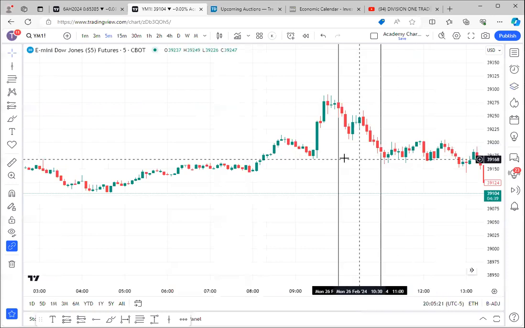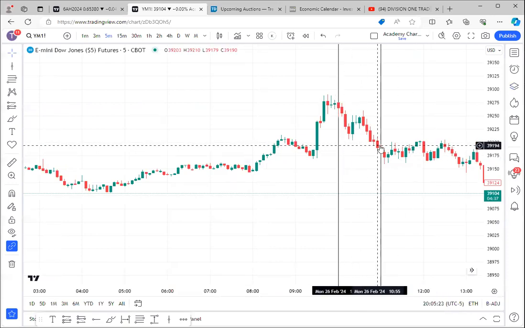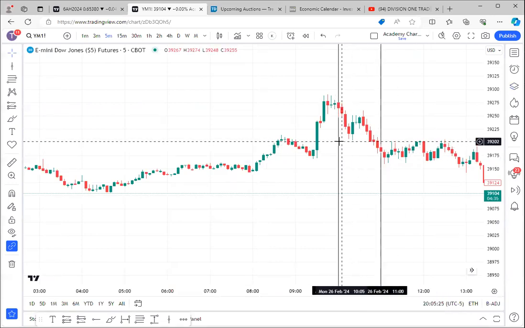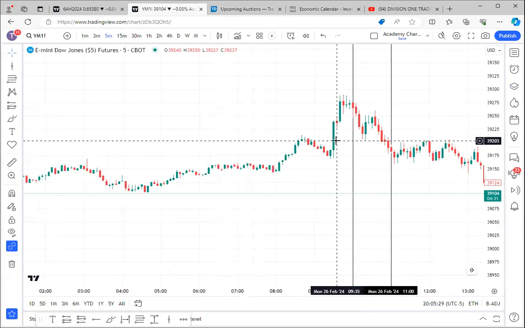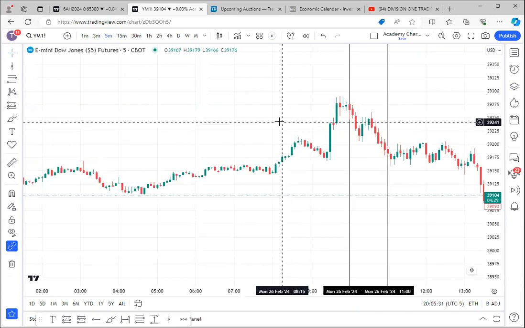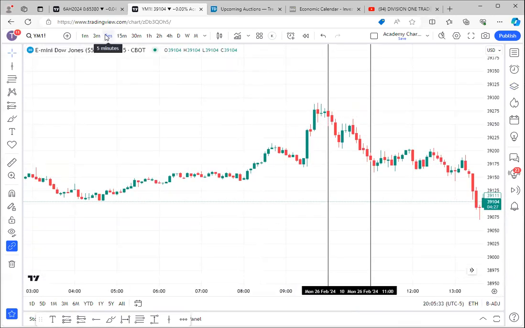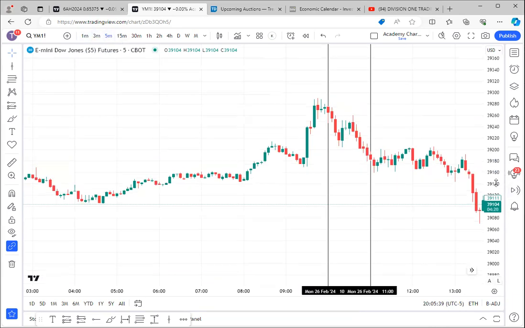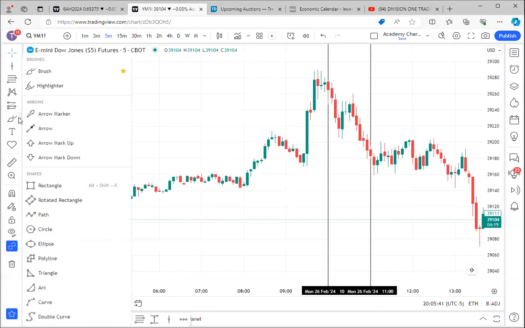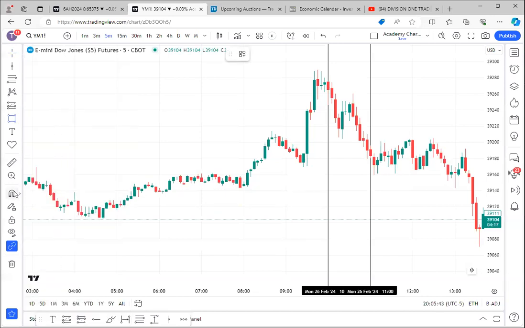So once we have this time marked out, after 10 o'clock New York time, you're going to start looking for a fair value gap on a 5-minute chart, specifically a 5-minute chart. You can look on a 1 minute and 3 minute, but you're going to get a lot of signals. 5-minute is going to be your most basic and easiest setup.